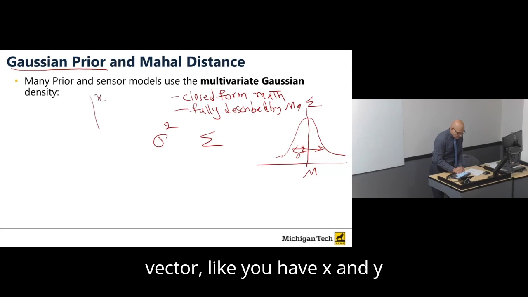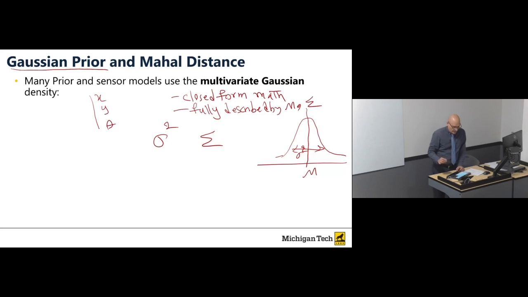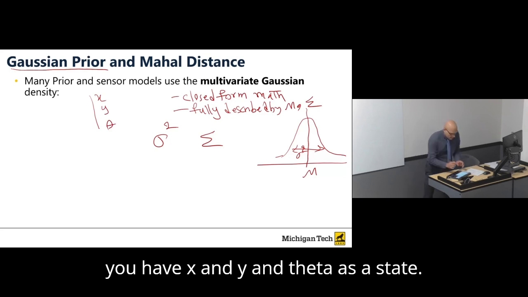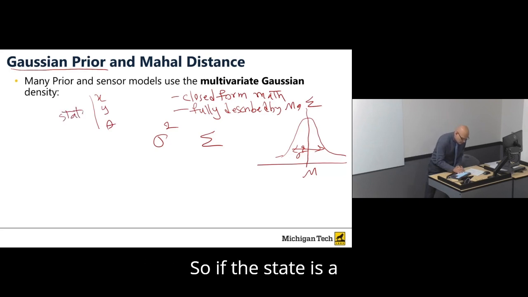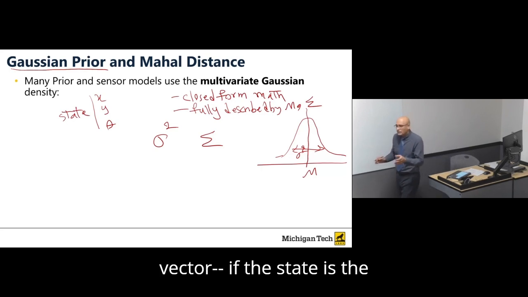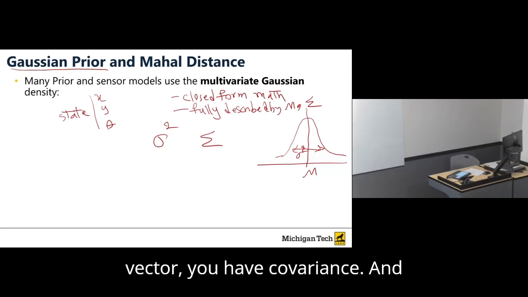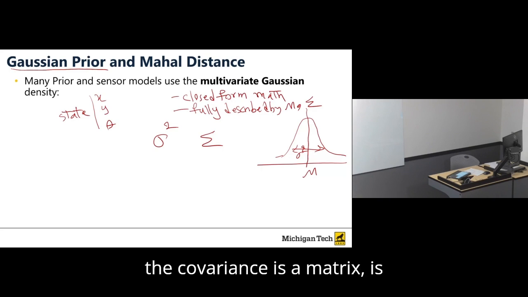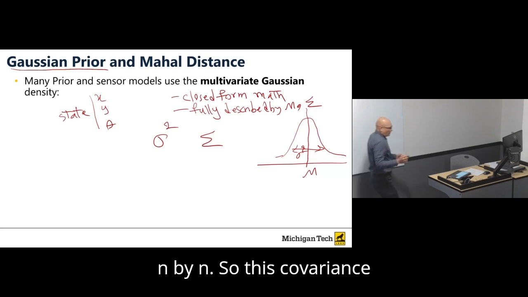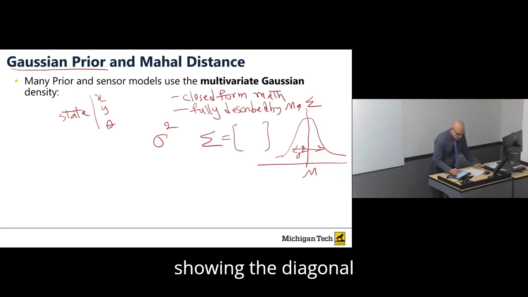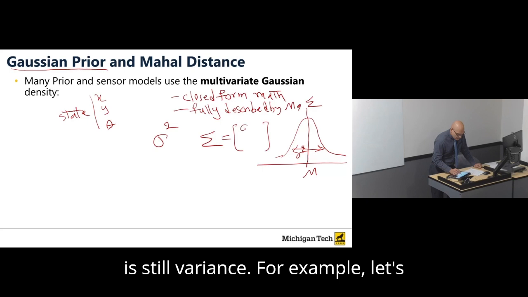Like you have x and y and, for example, theta as a state. If the state is a vector, you have covariance, and the covariance is a matrix, n by n. The diagonal is still variance.